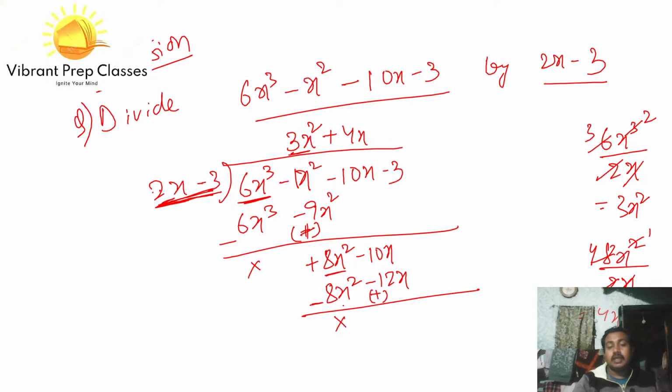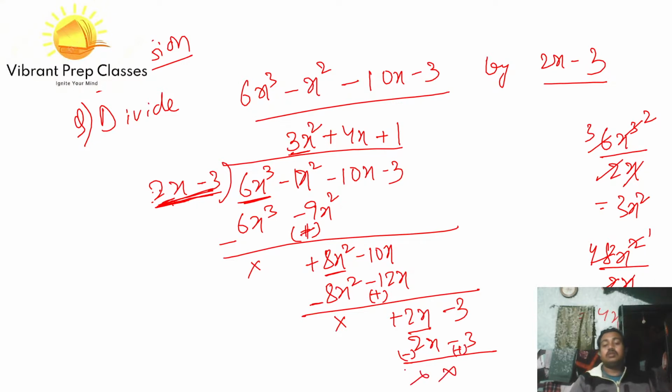So this will again cancel, minus 10x and plus 12x will be plus 2x and minus 3. So again you see 2x and 2x will go one time, so 1 will be multiplied with both, so we get 2x minus 3, subtraction and plus, so we get 0.